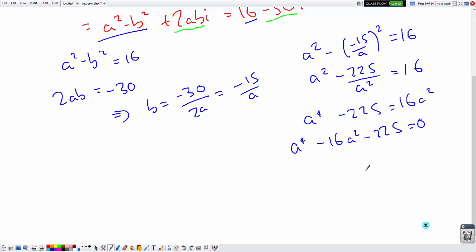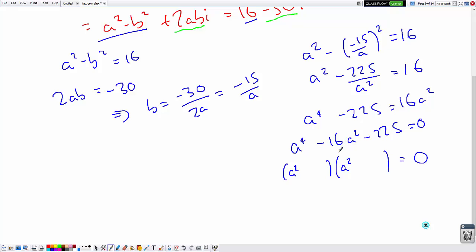So at this stage we can use the quadratic formula, or we can complete the square. I think this one will factorize. Can we think of numbers that multiply to give 225 and add to give 16? It's obviously not going to be 15 and 15. 25 and 9, yeah.